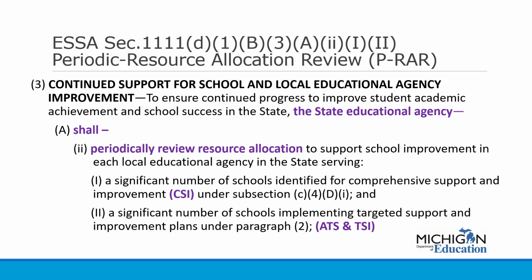Paragraph A, sentence 2, instructs the state to conduct a periodic resource allocation review to support school improvement in each local educational agency, the district, in the state serving a significant number of schools identified for CSI, ATS, and TSI, as highlighted with purple font in subsentences 1 and 2.